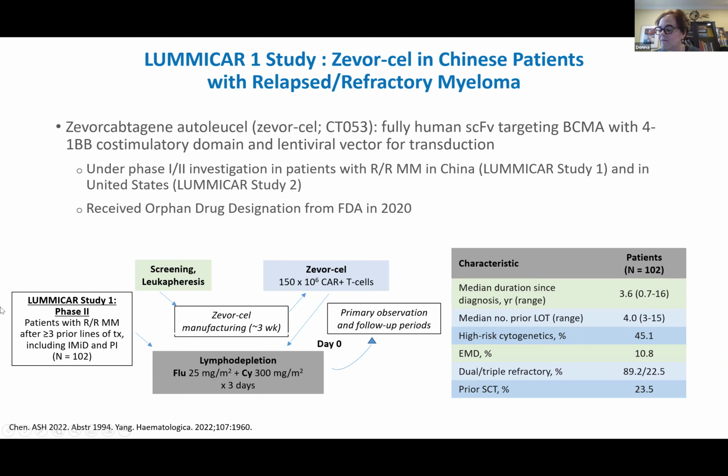We may have teclistamab approved later in the year. But what do we do for our individuals with advanced disease right now?